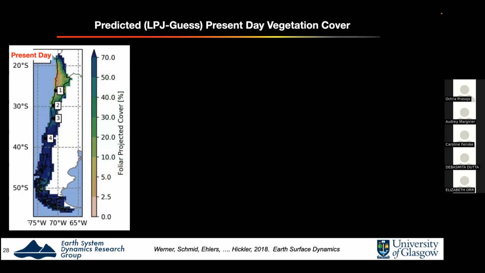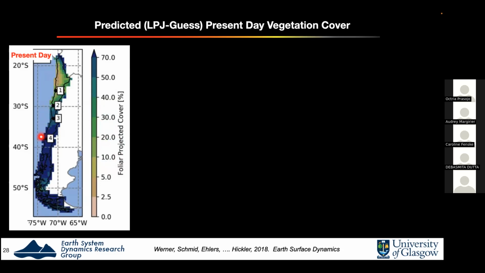What's shown here is the present day predicted vegetation cover, where you go from the Atacama region down to the rainforests in Patagonia. It does well on that, basically reproducing the present day vegetation cover as we see today.